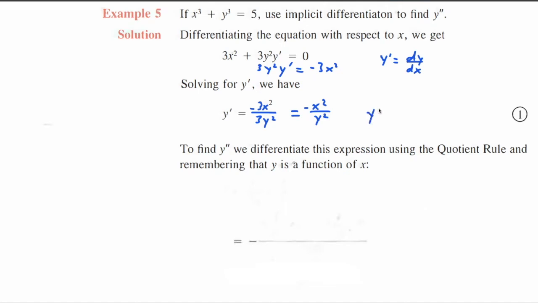Now we have to find the second derivative. So let's just rewrite this. We'll say y prime is equal to negative x squared over y squared. All right, so we might have to return to this later, but let's take a look at y double prime.